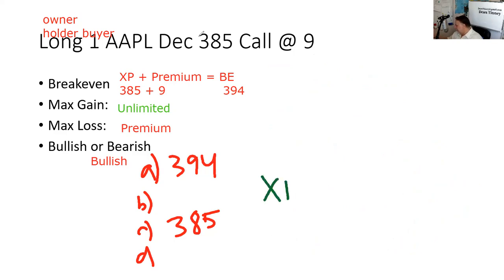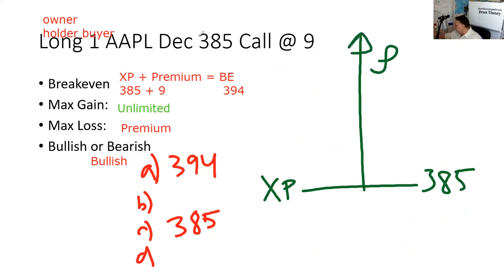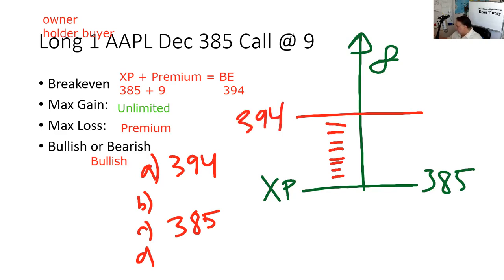Here's the strike price of $3.85. Here's the market price of Apple. And once you cover your out-of-pocket cost, 1, 2, 3, 4, 5, 6, 7, 9, you start to make some money.